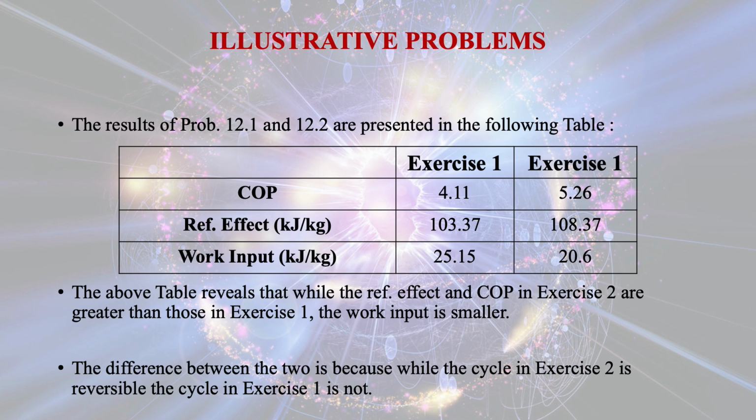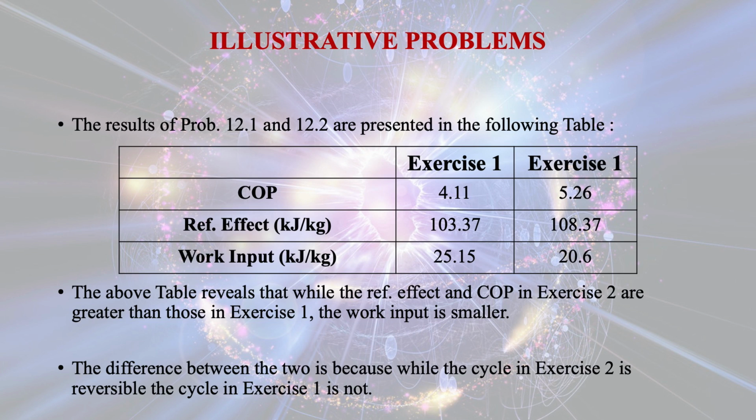The table reveals that while the refrigerating effect and COP in exercise 2 are greater than those in exercise 1, the work input is similar. The difference between the two is because the cycle in exercise 2 is reversible, while the cycle in exercise 1 is not.